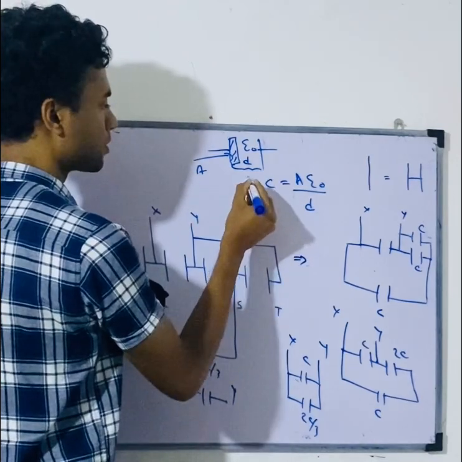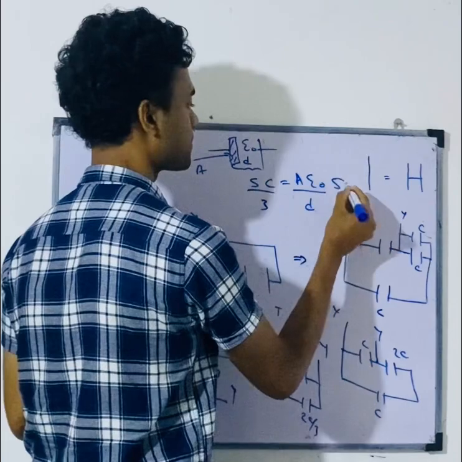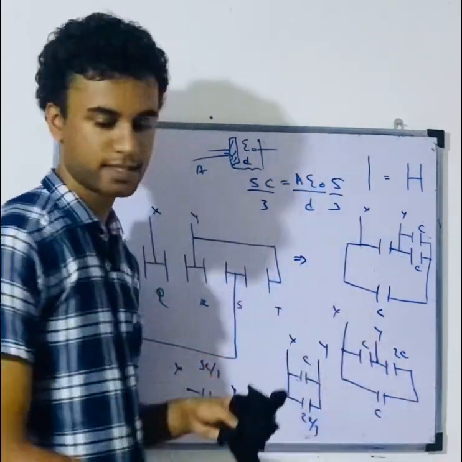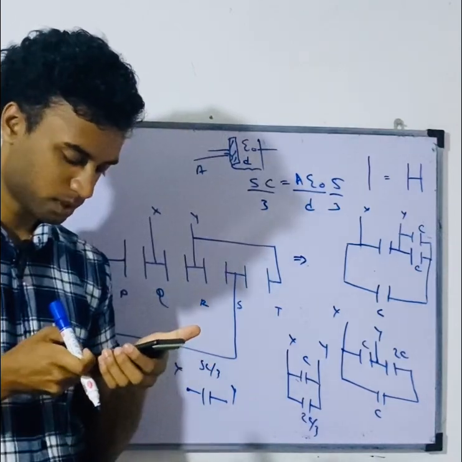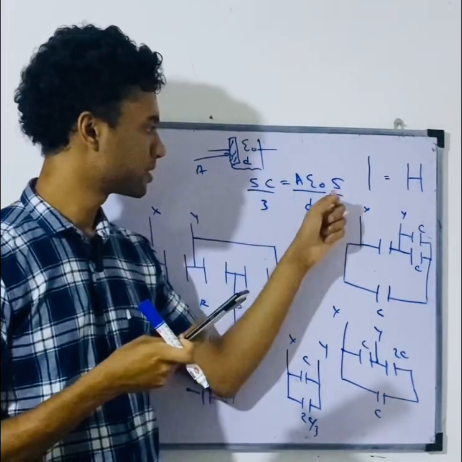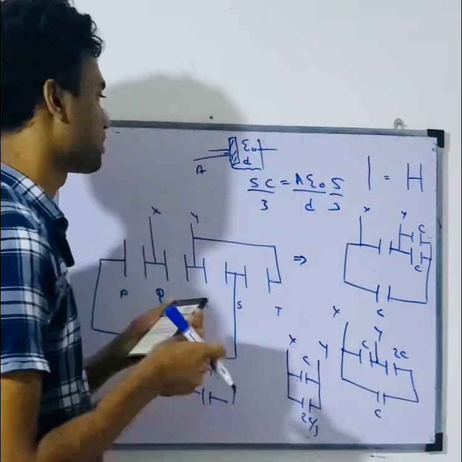Then I multiply by 5 over 3, and this becomes 3 like this. What's the answer? The answer is going to be 5 A epsilon naught divided by 3 D. So the answer is the second one, right?